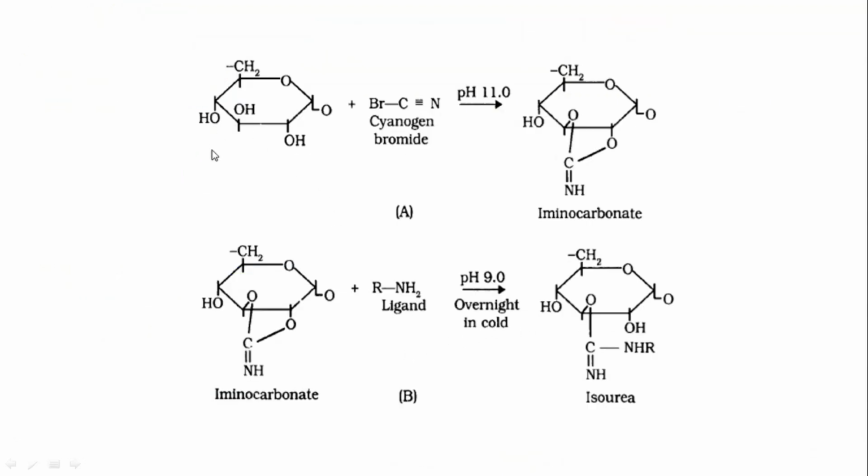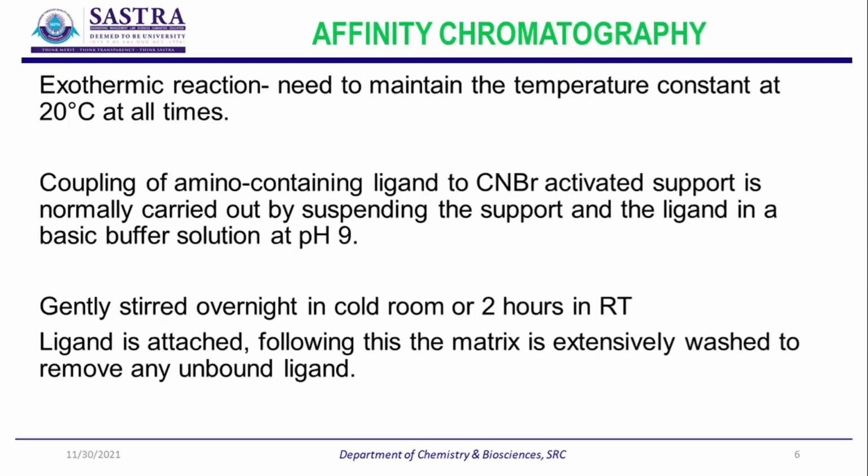Here you see agarose plus cyanogen bromide at pH 11, and you get iminocarbonate. Iminocarbonate plus ligand at pH 9, overnight in the cold, gives isourea. This is one way the activation can take place.